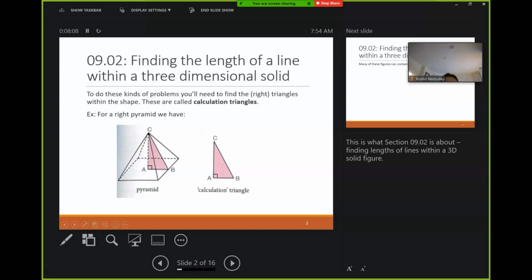So if we look at half of one of these triangular faces for our pyramid, that's also a right triangle and another possible calculation triangle. So the hardest part of this becomes finding those calculation triangles and figuring out which of them we need in order to solve the problem we're looking to solve.